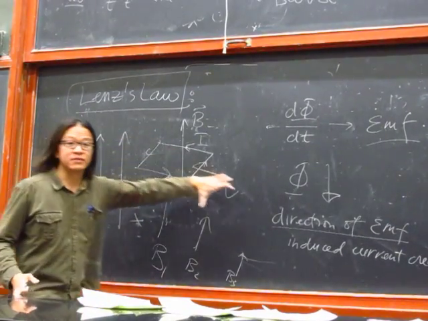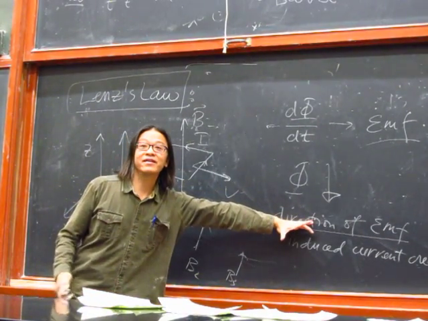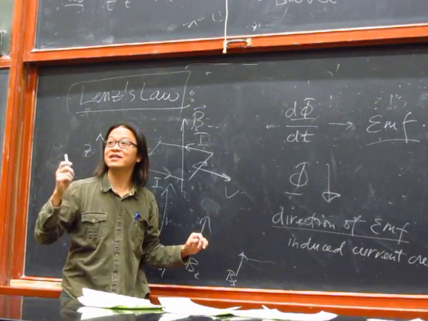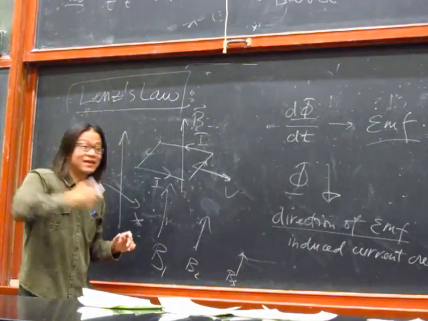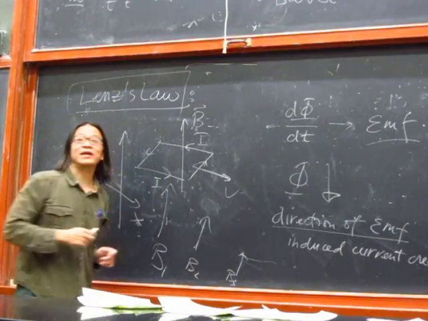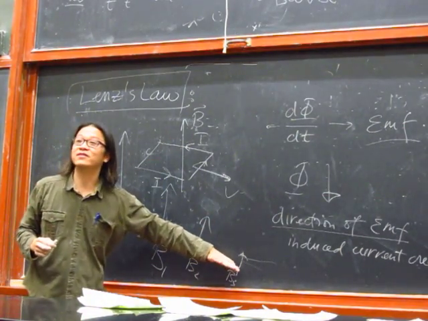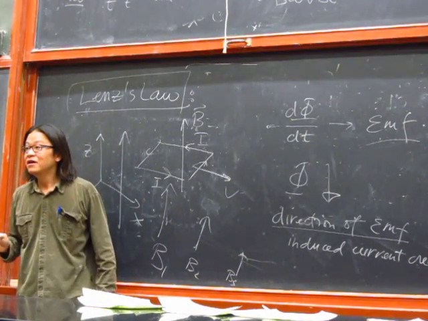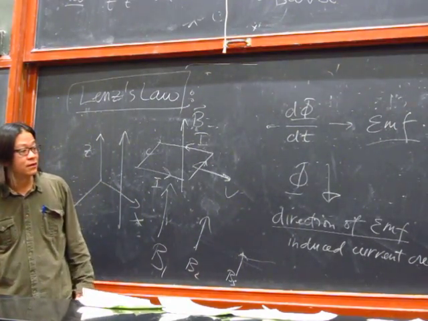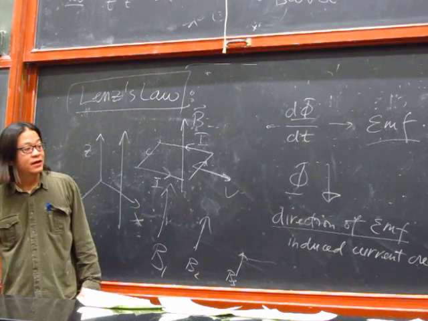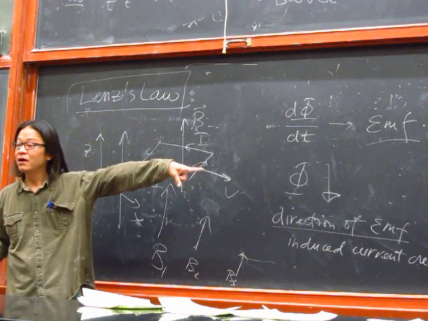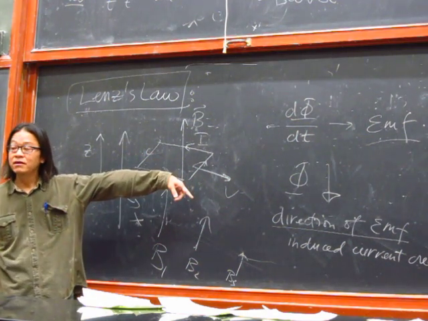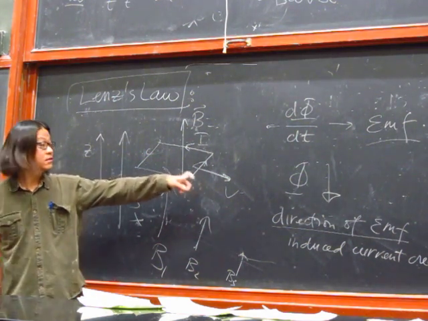The loop sees a diminishing magnetic field. It will create a current, and the current is created in such a way that it will actually increase the flux through that loop to counteract the diminishing flux. From the formula, it's negative dΦ/dt, but dΦ/dt is negative because the flux is going down, so the negatives cancel, you get a positive, and that's the physical reason.